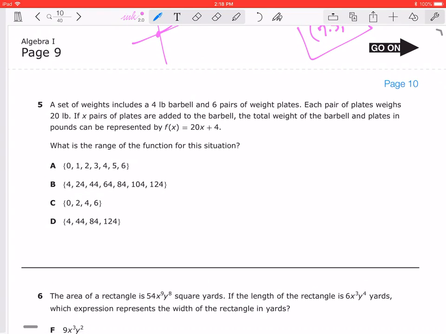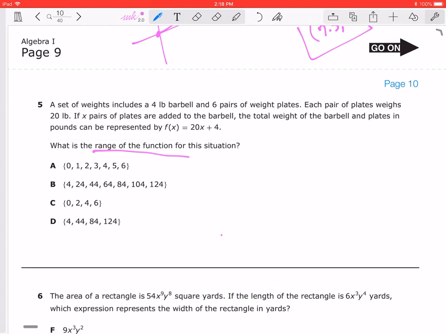Number 5, a set of weights includes a 4-pound barbell and 6 pairs of plates. Each pair of plates weighs 20 pounds. If x pairs of plates are added to the barbell, the total weight of the barbell and the plates in pounds can be represented by the function. What is the range of the function in this situation?